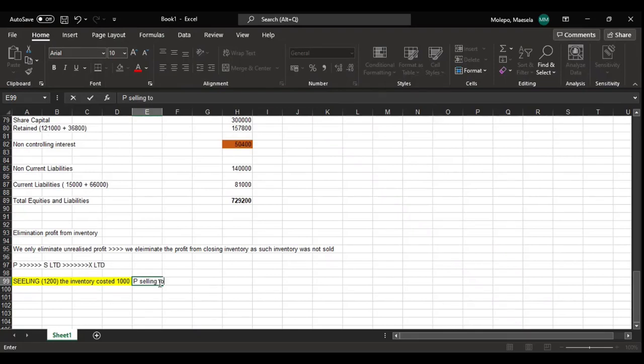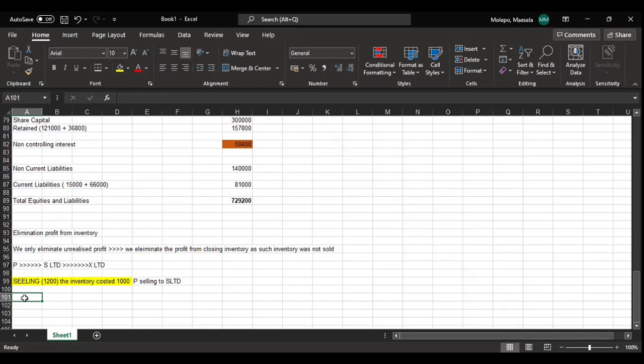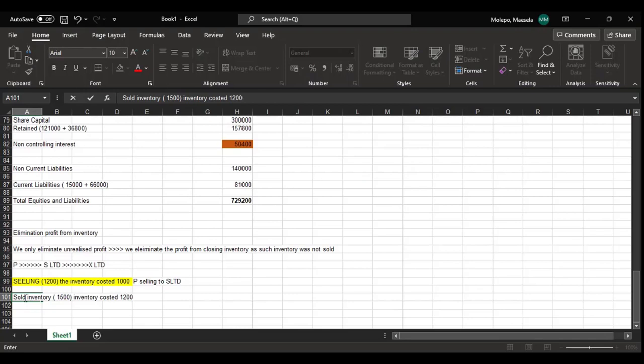Selling to S Ltd. Now, S sold inventory for 1,500 to X, and his inventory was costing 1,200. Inventory cost 1,200.